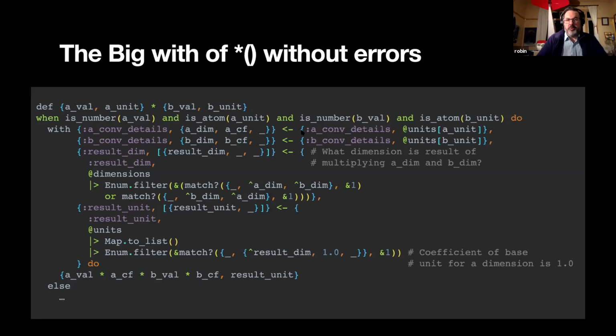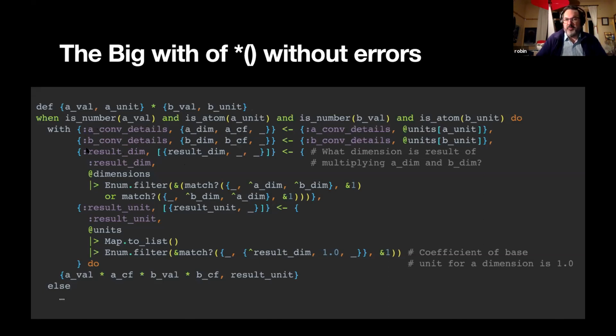And so what I do is this is my cookbook for when you have a with. You have a with a whole load of different things that could fail in it, and you want to get some information about what part of the with failed. You wrap the pattern and the thing that you're assigning to it in a tuple, and you give it some label that allows you to identify which line: the A conv details, the B conv details, the result dimension, or the result unit.